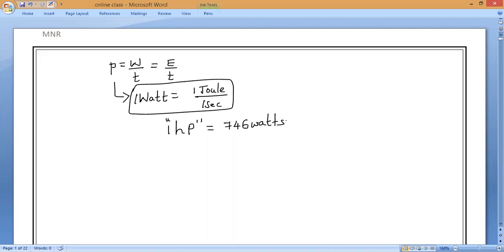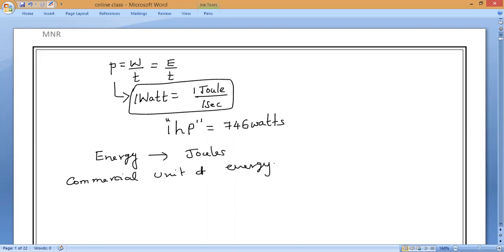And in the same way, the SI unit of energy is the joule. What is the commercial unit of energy, everybody? Kilowatt hours.